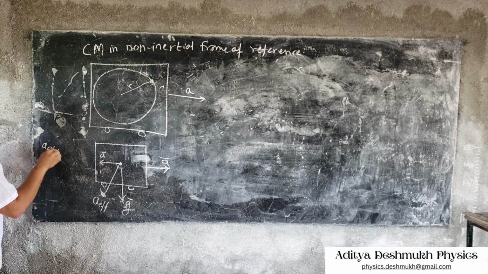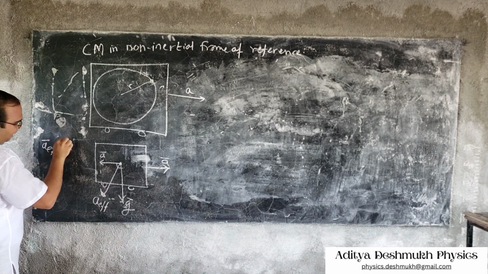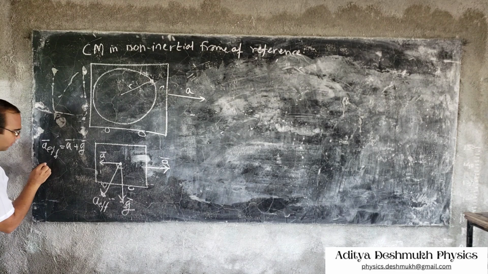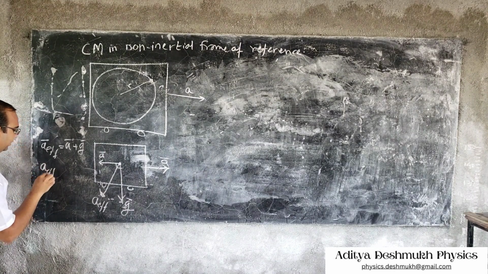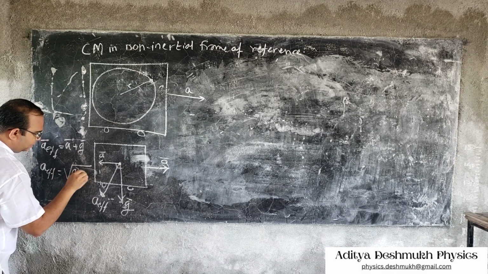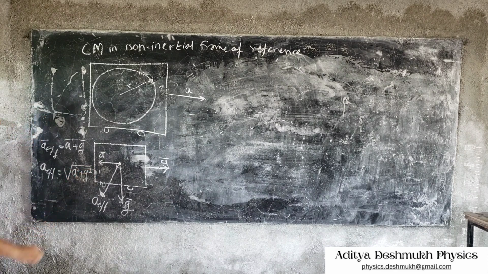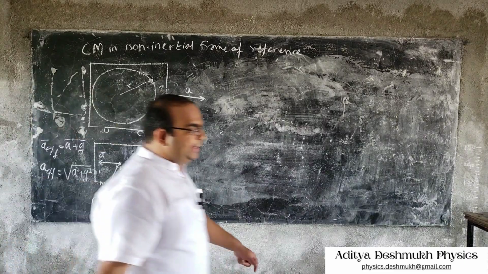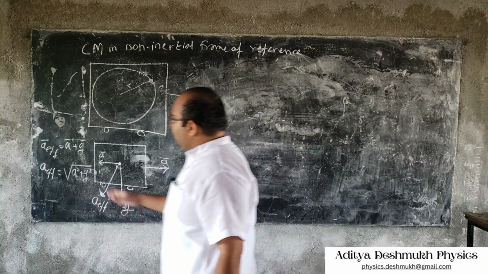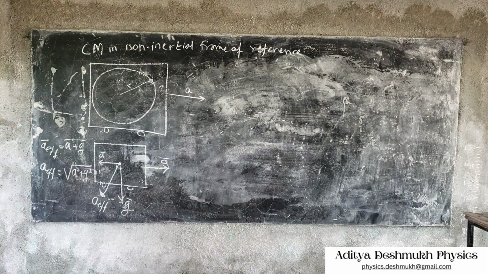A effective bar will be a bar plus g bar, and the magnitude will be root of a square plus g square, because theta is 90 degrees. In p square plus q square plus 2pq cos theta, the last term will go 0.